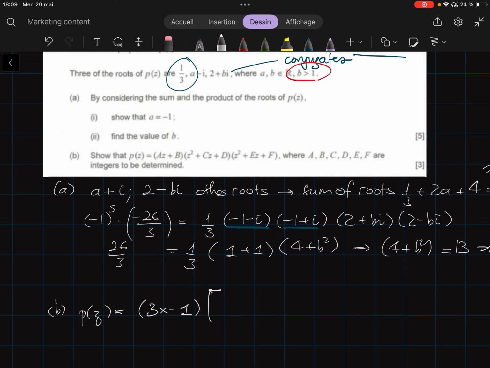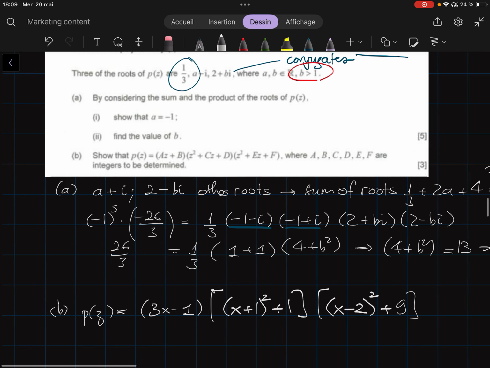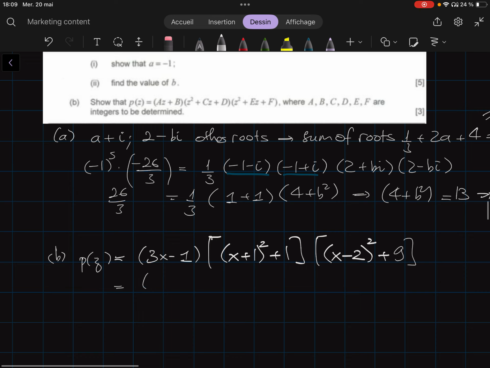For this to be true, it has to come from this polynomial. And likewise, for the last one, it has to come from this polynomial. So expand and simplify, and you're done with this question.